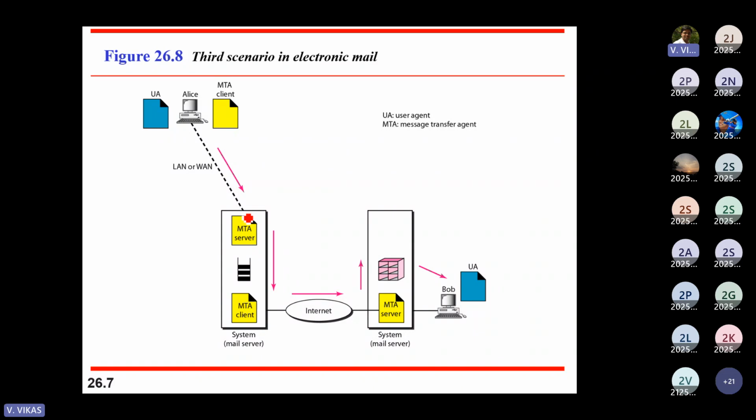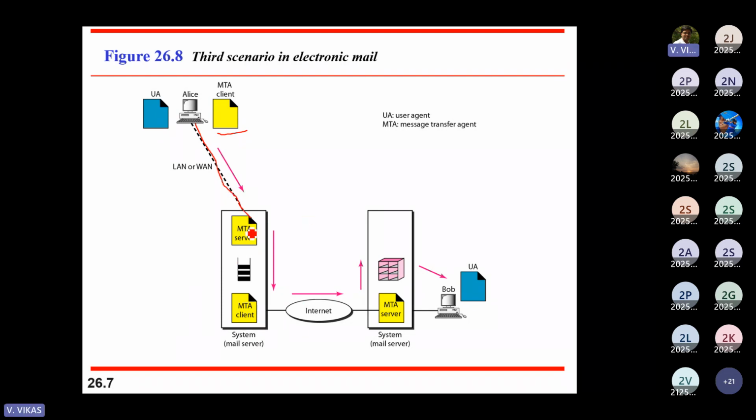In this case again, the user agent has to create the message and take care of that. But as we discussed previously also, if I have to move my mail from one location to another, I need the help of the MTA. So you can see here, we are taking the help of the MTA client to move that particular message from the alias system to the MTA server, which is located in your system itself. That means your mail server.